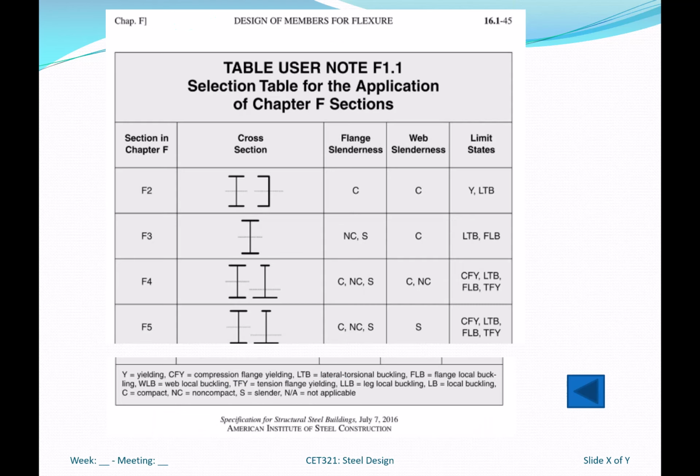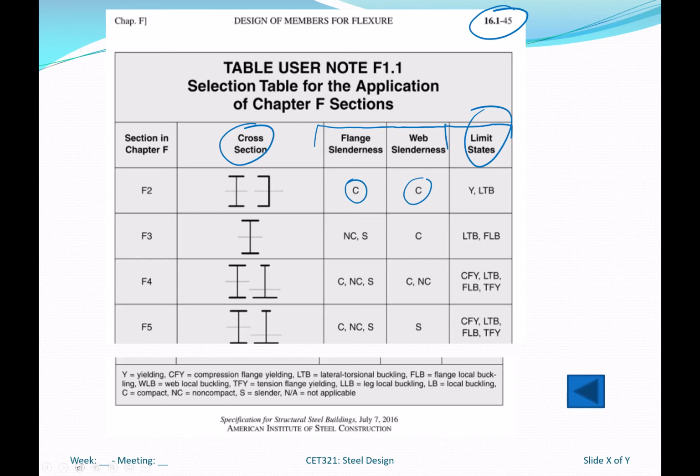The next page over, 16.1-45, gives you a nice summary of, for this type of cross section, what are the potential limit states. This is the flange compact and is the web compact.